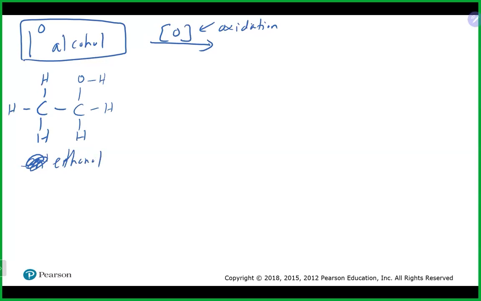And again, it is a primary alcohol because when we look at this carbon, it is directly attached to one other carbon, and that is the carbon that has the OH group. So this is a primary alcohol. The actual definition of what is going to happen in this particular oxidation of a primary alcohol is the oxidation definition of we are going to lose H2. We're going to lose H2 is basically what's going to happen. And this is how it always happens in this type of reaction.